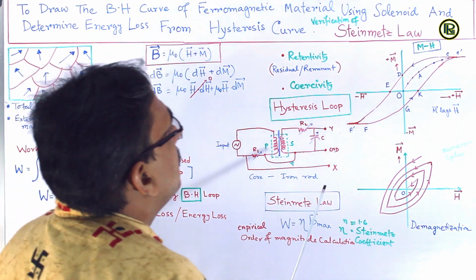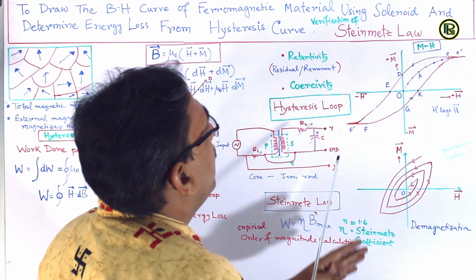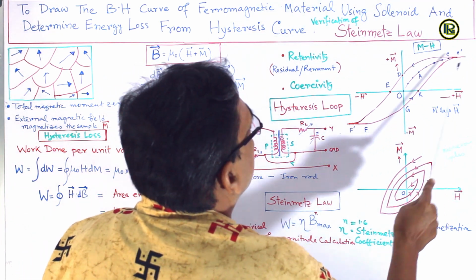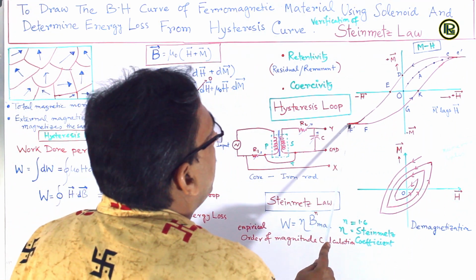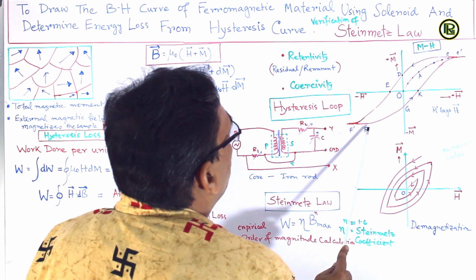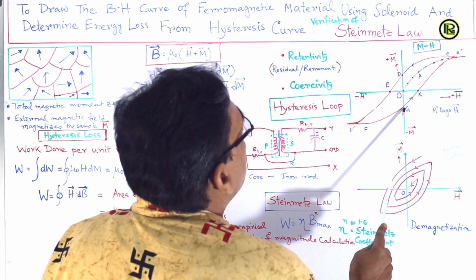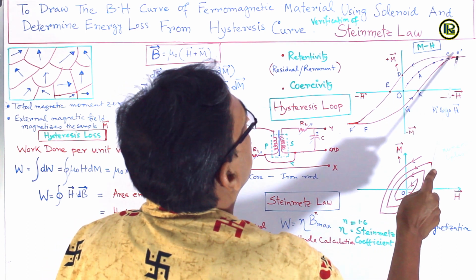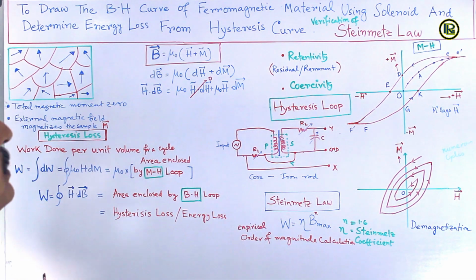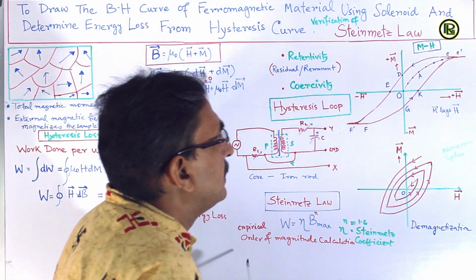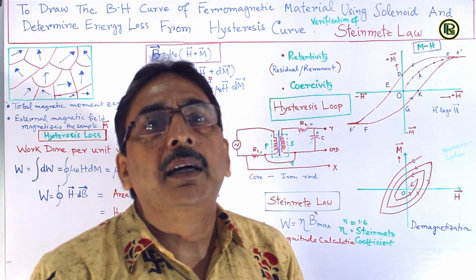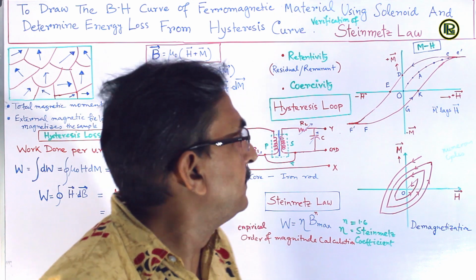Now again, if we change the direction of the magnetic field like this, if we increase it, then what happens? It takes this route. So it goes from F, then to G, then to K, and then it reaches here. So the magnetization is not retracing the path, it's an irreversible process.